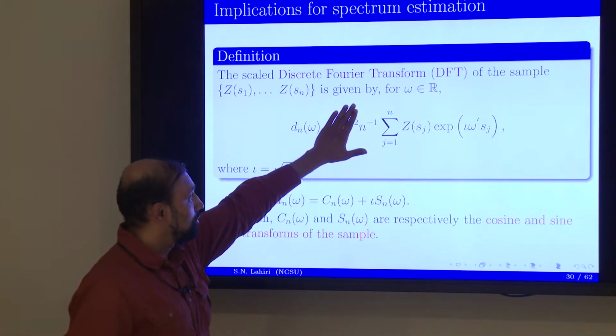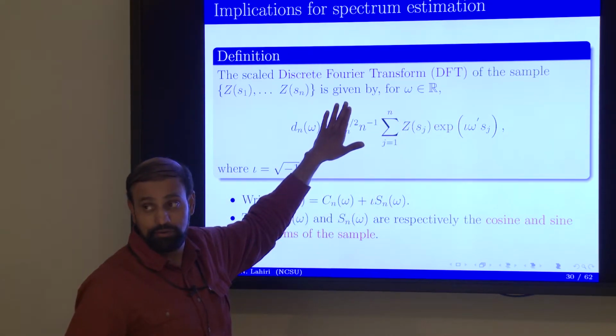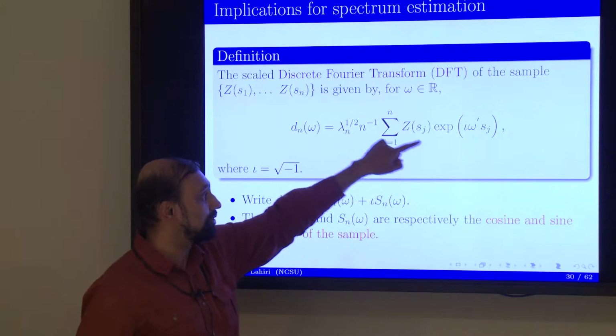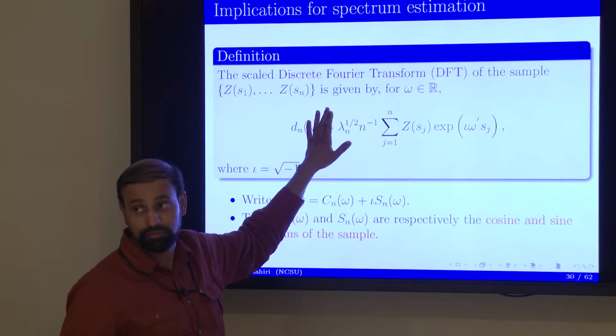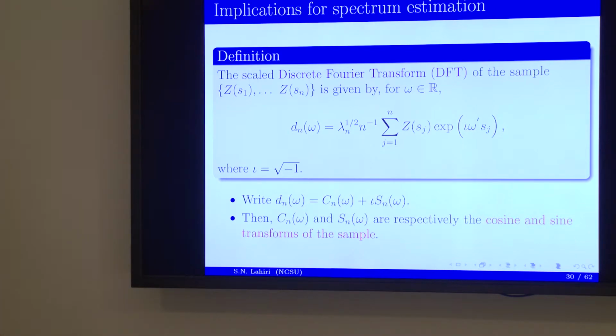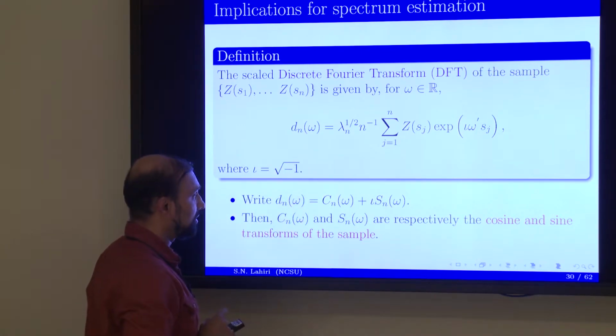If you just put omega equal to 0, this is Z bar. And when you looked at the central limit theorem, that said you had to multiply this minus the expectation by square root of lambda. So that's what gives you the right sort of scaling when you define the DFT. That balances the variances of the real and the imaginary parts.